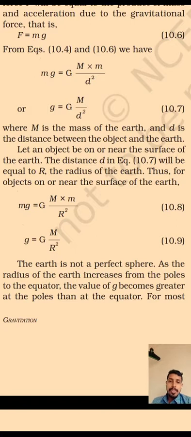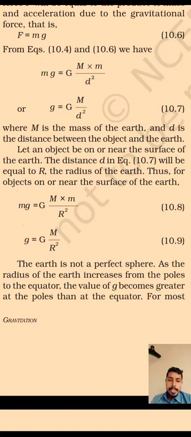It is because the poles are somewhat flatter, and the earth's shape is a geoid. It is not a perfect sphere. Okay, so the poles are somewhat flatter, and that is also a very low value. It is not a high difference but a low value.